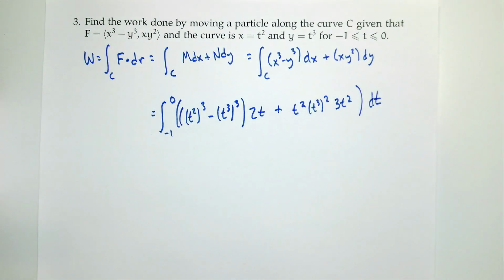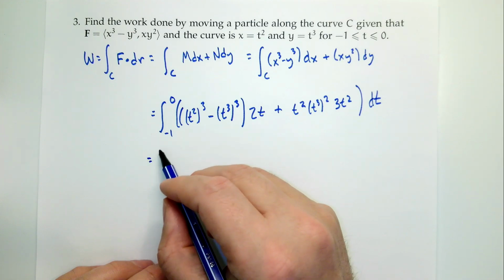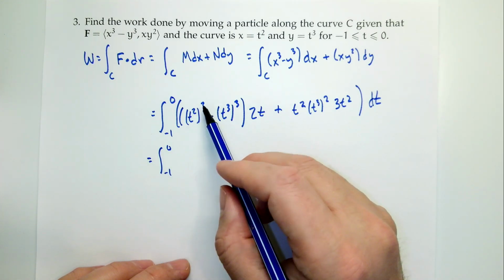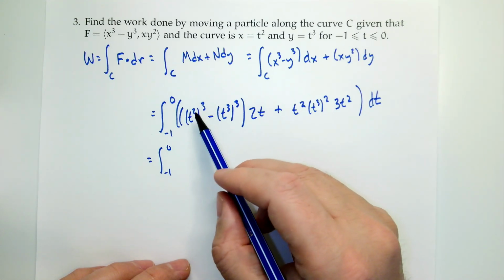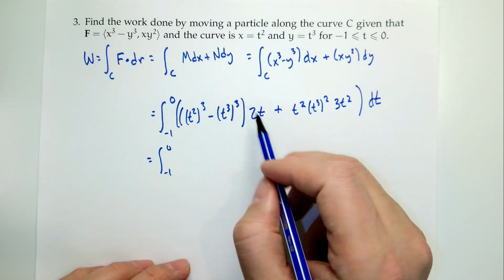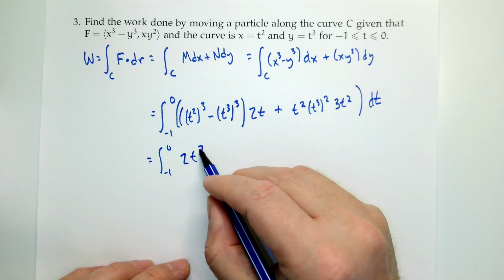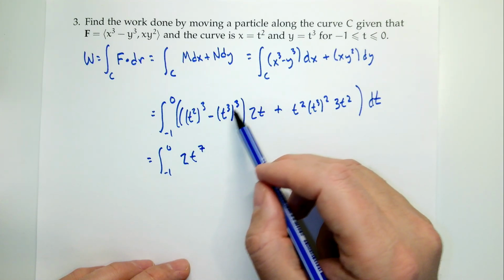So these kinds of integrals are pretty straightforward to set up. You just have to now be very patient and make sure you don't make a mistake, which is oftentimes the hardest part. So let's be very patient and let's work through carefully. So first off, t squared cubed would be t to the 6th power, because I multiply the exponents. This is going to have another 2t multiplying it, so that would be 2t to the 7. t cubed cubed, multiply, that's t to the 9th.